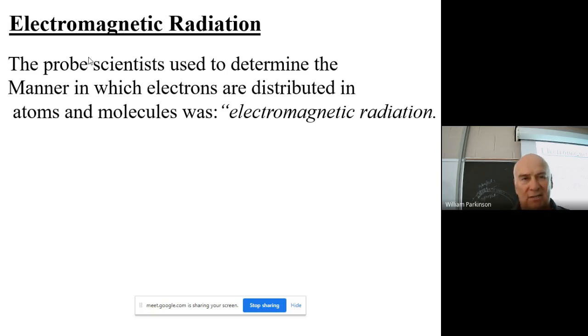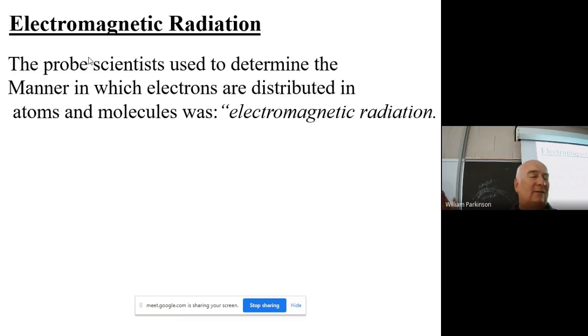Accelerating charges must radiate or give off some form of electromagnetic radiation themselves, and they must lose energy. So when doing this, they would both emit some form of light and eventually crash into the nucleus. There's no evidence that this occurs, so they had to modify the planetary model.